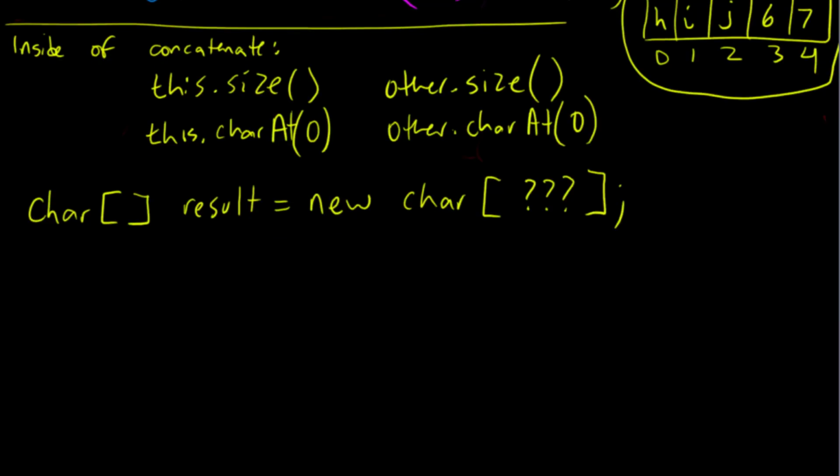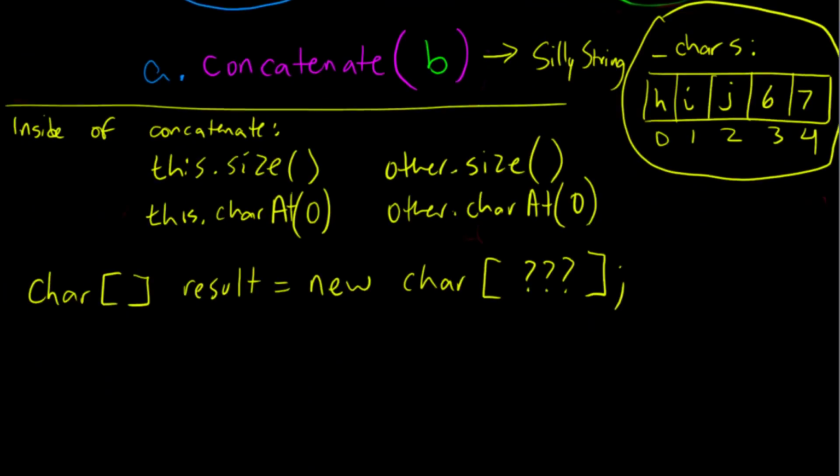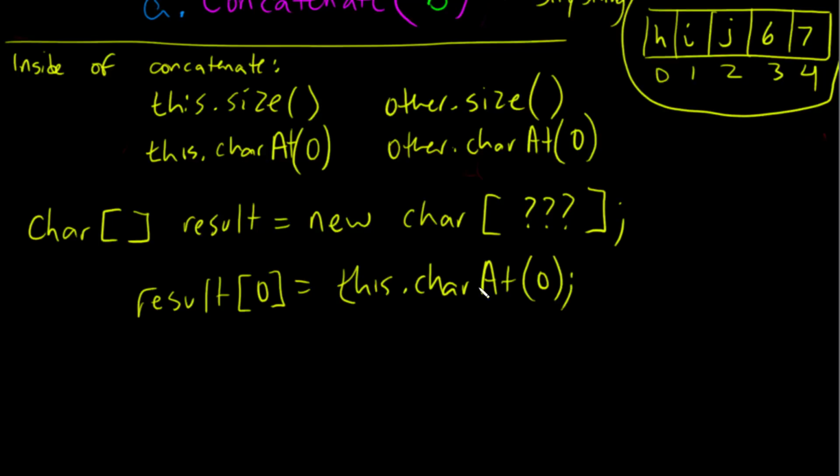And so now the question is, how do we assign a value to a particular element in this array? So we can say something like result of 0 is assigned this.charAt(0). And so we're saying take the character of A, which is this, because that is the object we called this method on, and store it in the index 0 of our result array.